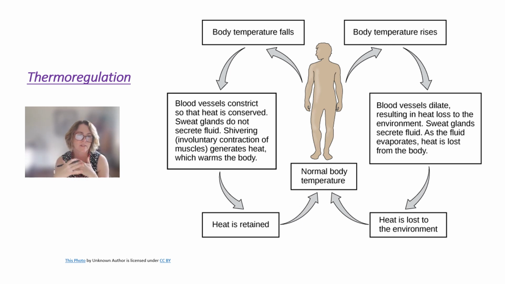So this is something that is consistently going on as the temperatures fluctuate, and there are other mechanisms in the body that undergo this same coming back to equilibrium. So this is it for temperature and how the body helps to regulate normal body temperature.